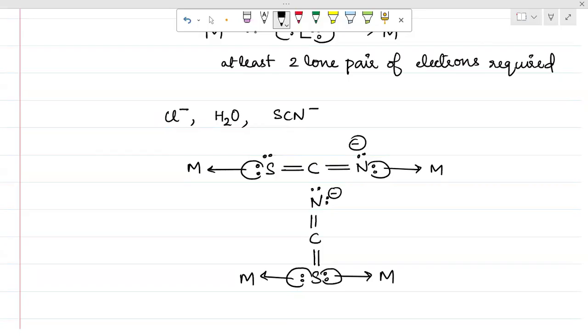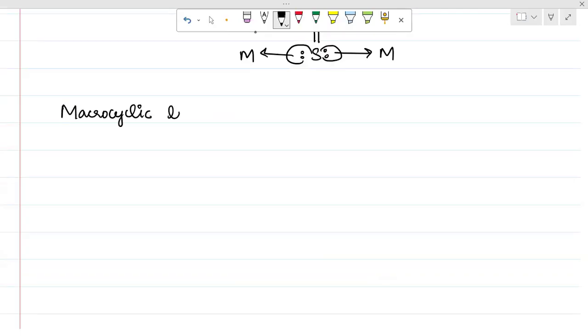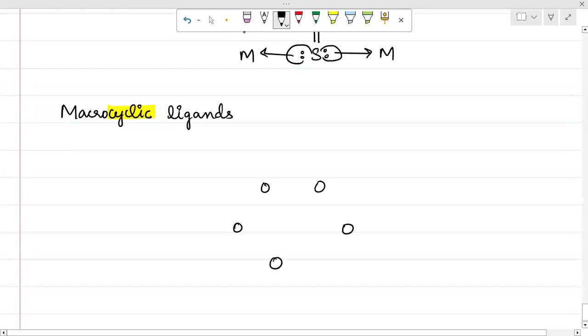Okay. Last is macrocyclic ligand. Macrocyclic ligands are, as the name suggests, cyclic. Macro means big, and they will be polydentate as well. For example, crown ether. So I'll show you how crown ether looks. This is the ligand. 1, 2, 3, 4, 5, 6. These are oxygen atoms, okay? They are connected like this.